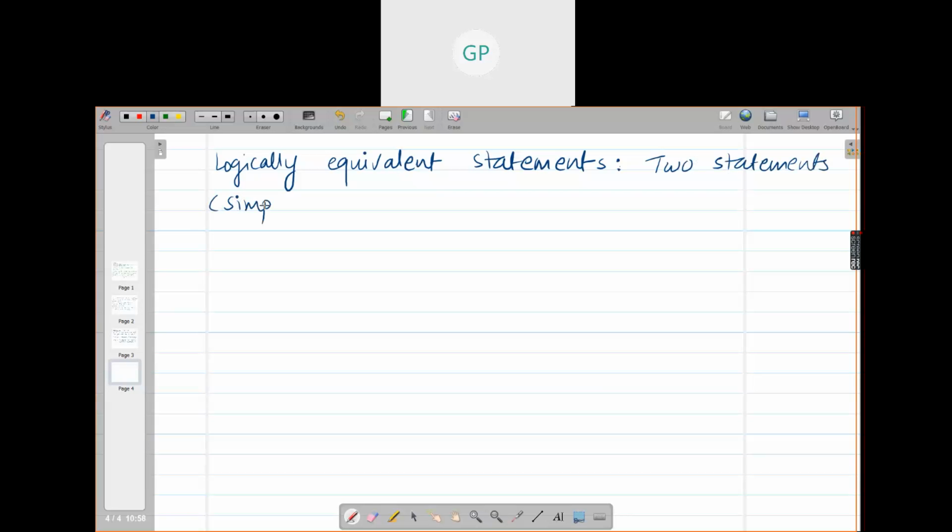Two statements, simple and or compound. See how I'm writing, simple and or. This means both are simple or both are compound, or one is simple and the other one is compound. Do you understand this?